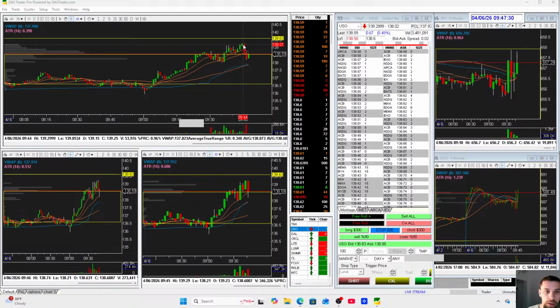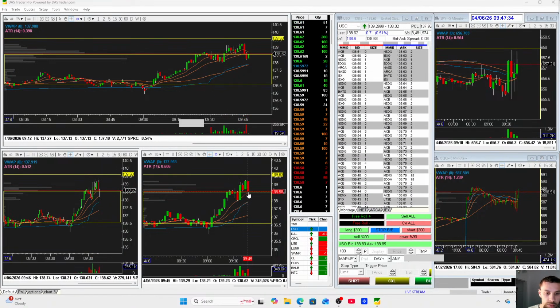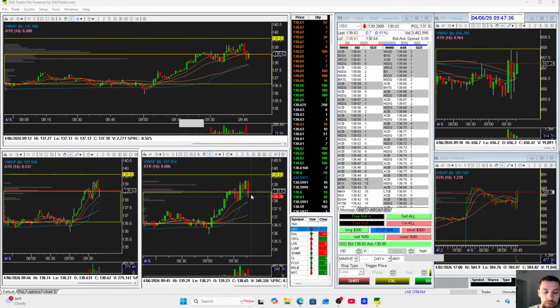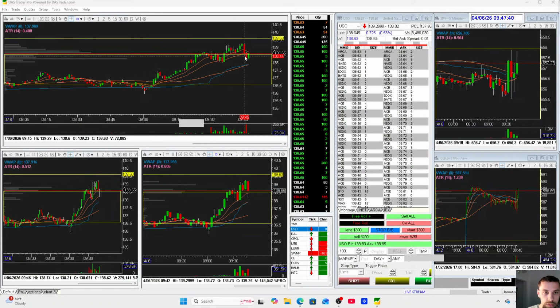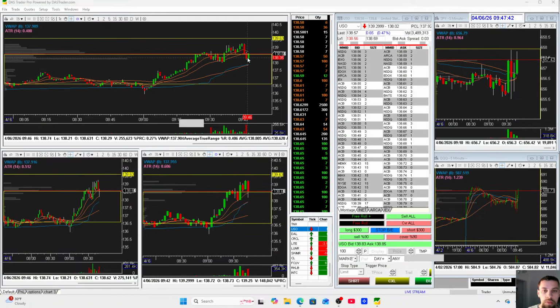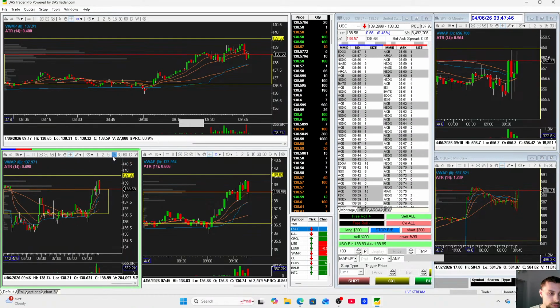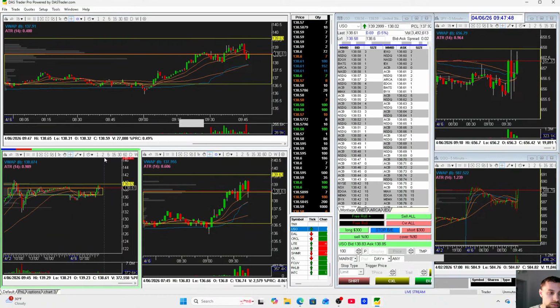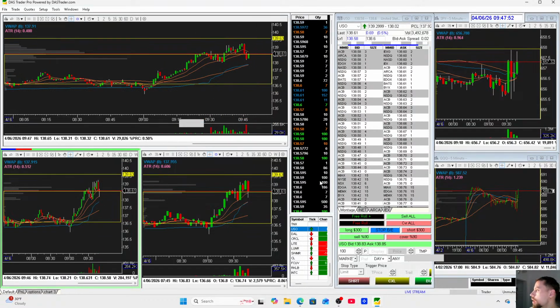Uso pulled back a little bit here. A lot of volume too. Never quite got there. It's trying to hold that level in the box that we drew.